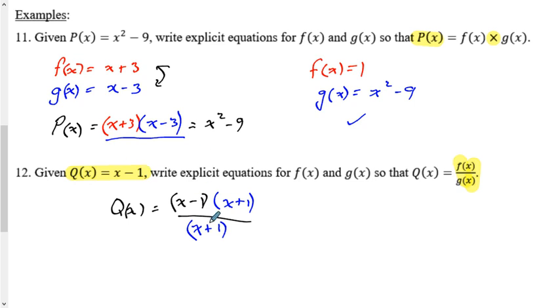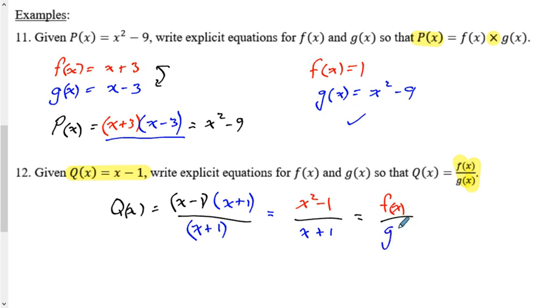So does that mean that f of x is x plus 1 and g of x is x plus 1? Well, not quite. Because remember, let me first expand this out. I would get, in the numerator, x squared minus 1. And in the denominator, I will have x plus 1. And what we wanted is for this to equal the f of x function divided by the g of x function.